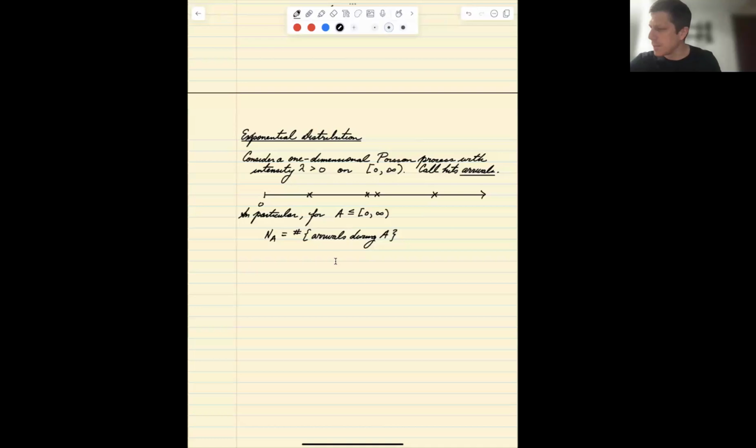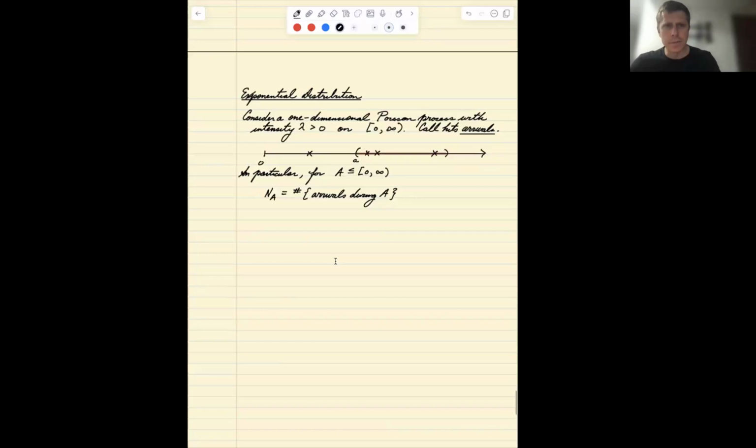For example, if we define A as some interval from a to b, then the number of arrivals occurring in this range is just 3. So the number of arrivals between a and b above is 3.